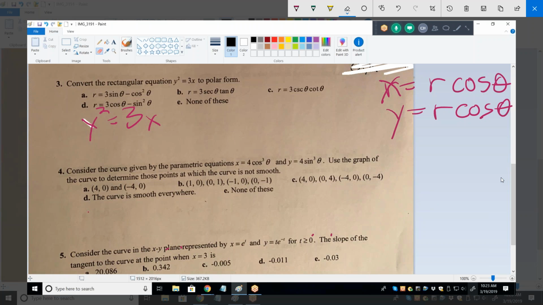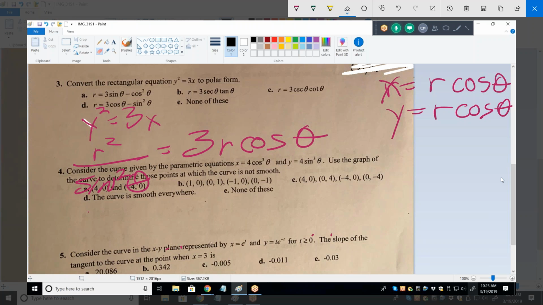Yeah. Here's what I did. Y squared is r squared sine squared. This is 3r cosine of theta. And then what did I do? I did divide both sides by r.